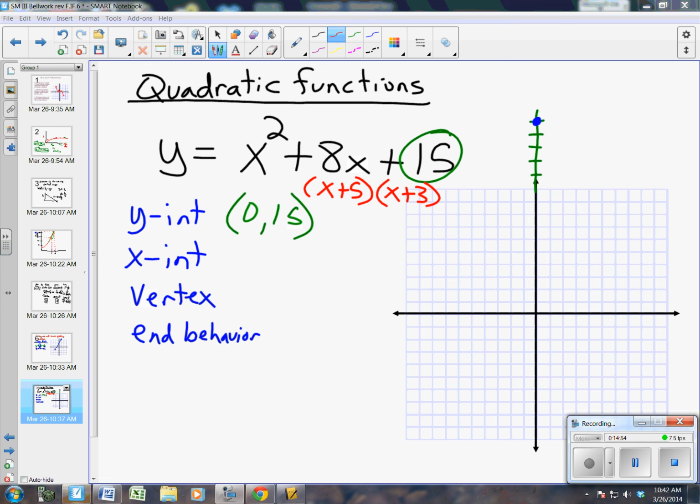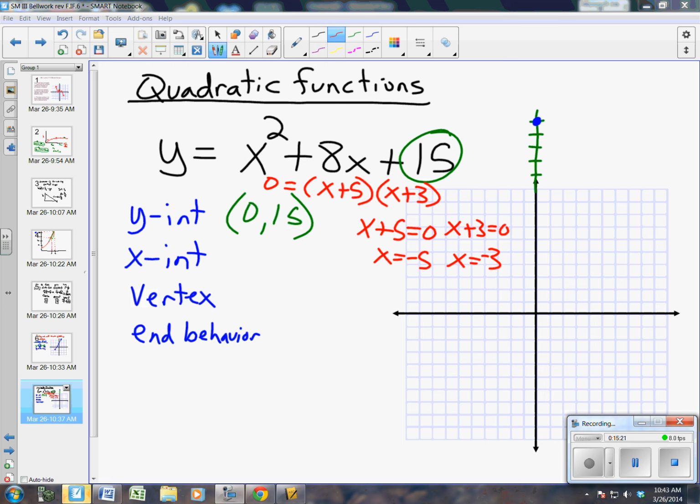Okay, if we set y equal to 0, and he factored that. We know that 5 times 3 is 15 and 5 plus 3 is 8, right? So that one factored pretty nicely. How do I use those factors to find the x-intercepts? Okay, good. So we set each factor equal to 0. So we get x equals -5, x equals -3.